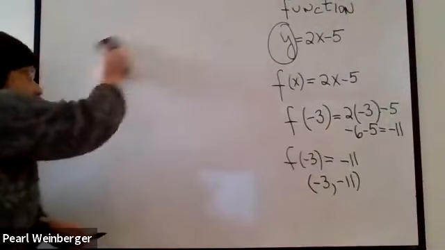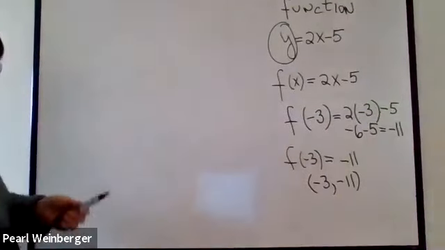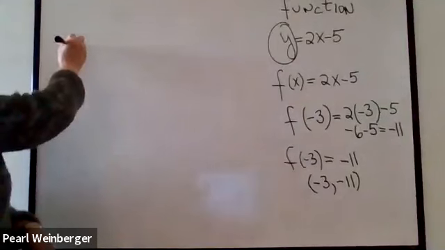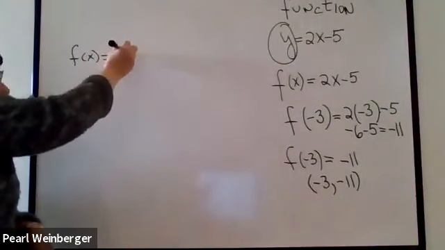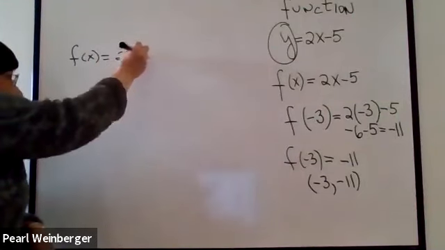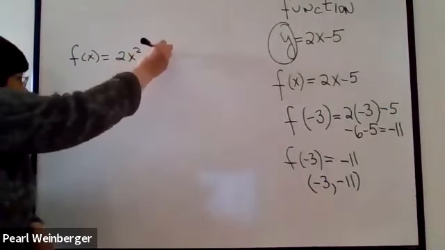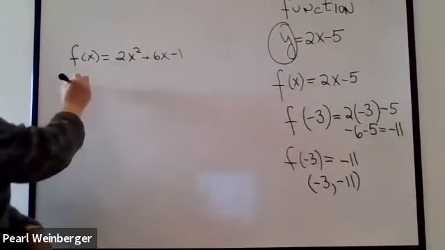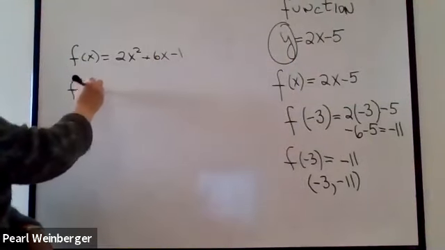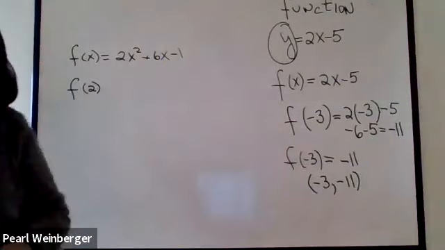And see if you come up with the right answer. Suppose I give you that f of x is equal to 2x squared plus 6x minus 1. And I ask you to find f of 2. I'm going to give you a minute to try that.